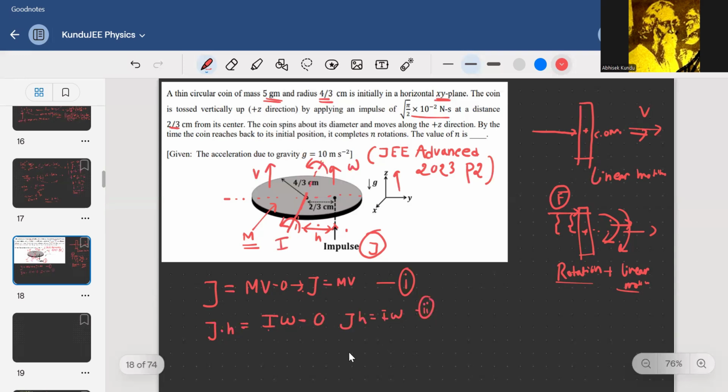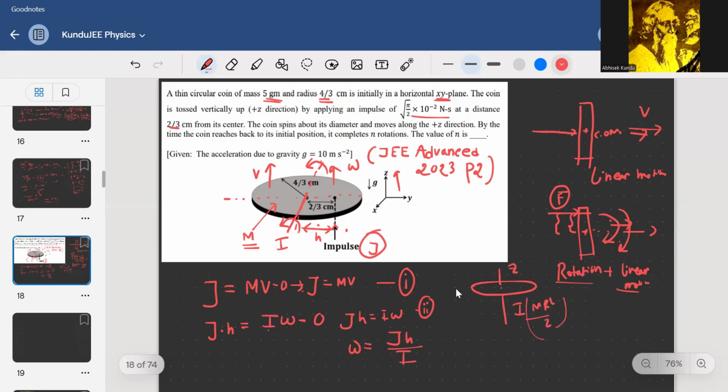Now, what is the value of omega? It is JH by I. And what is I with respect to the diameter? If this is the coin, with respect to the center in the z-axis, its moment of inertia is m r square by 2, if r is the radius.